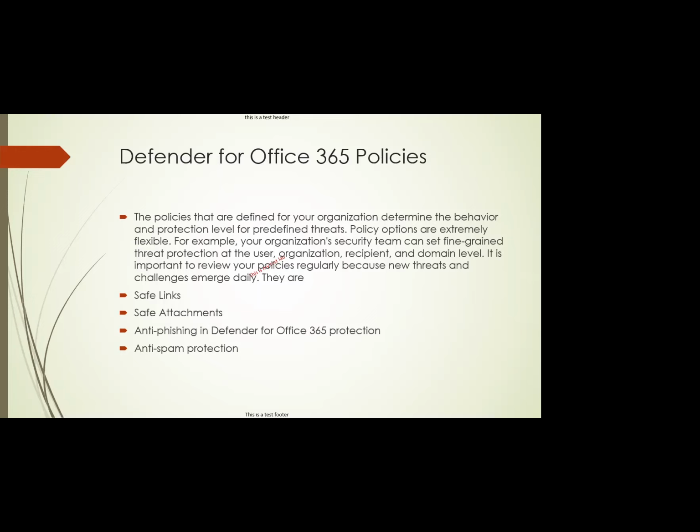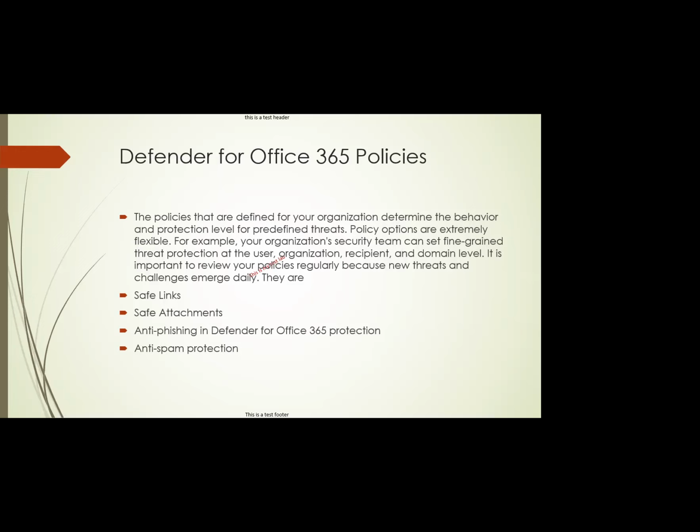I've had experiences with organizations that think that once you get the license, it's already configured. Yeah, there are some default configurations, but for example, for safe links and safe attachments, you will have to do the configuration yourself. You have to define the parameters yourself. If not, it's just there.